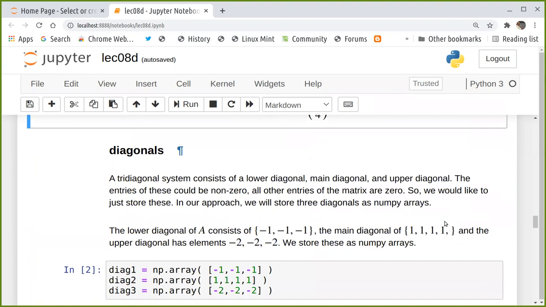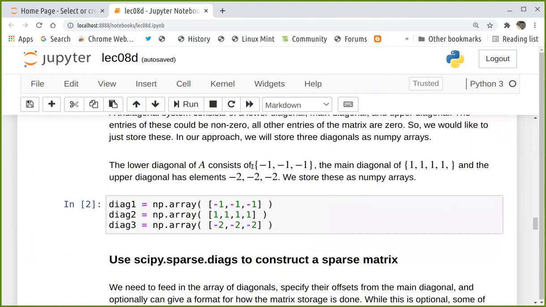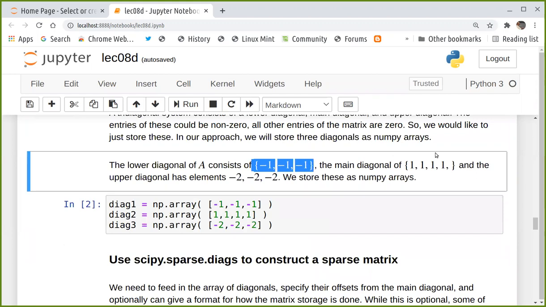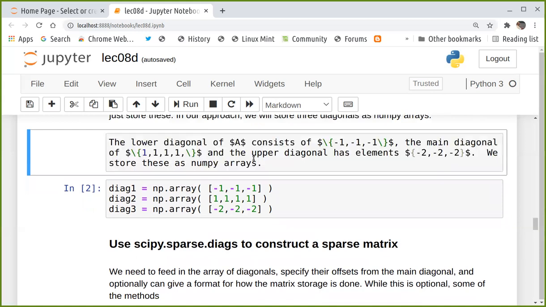Okay, so this is the way we do it. Once again, you have a lower diagonal of -1, -1, -1, a main diagonal of four 1s, and an upper diagonal of -2, -2, -2.